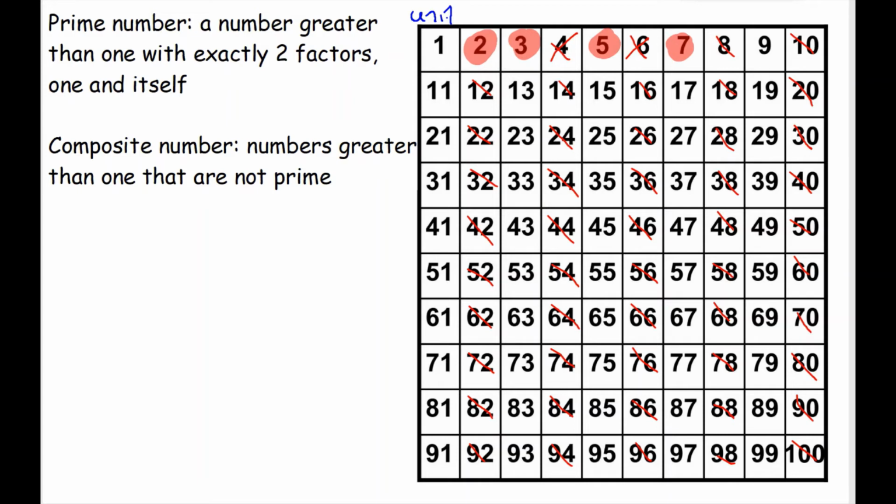So we have 3, and then we have 6, 9, 12, 15, 18, 21, 24, 27, 30, 33, 36, 39, 42.